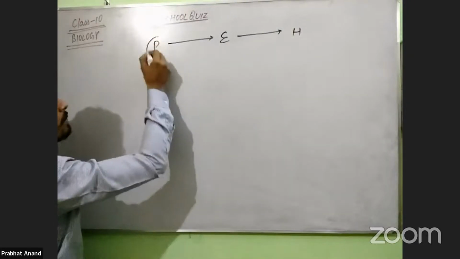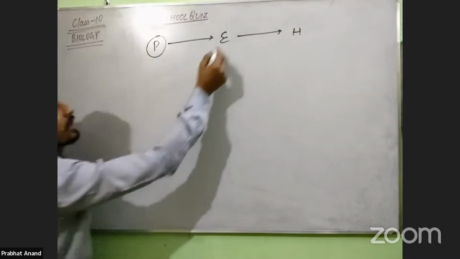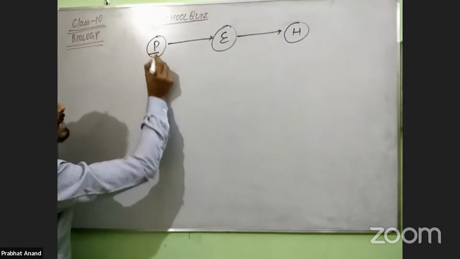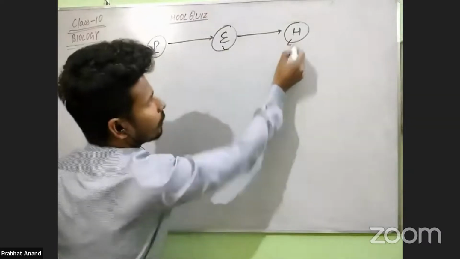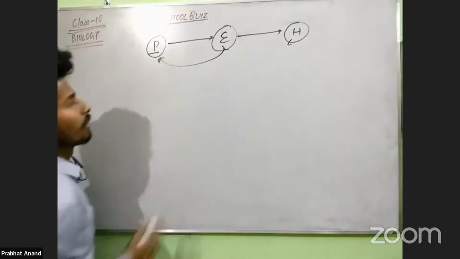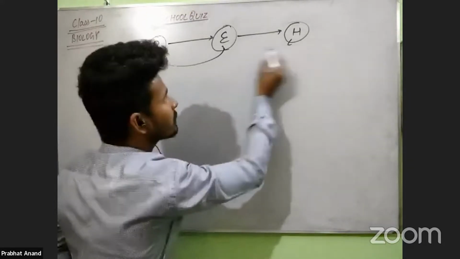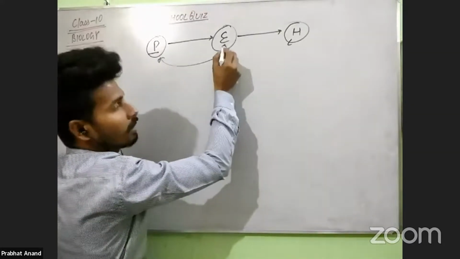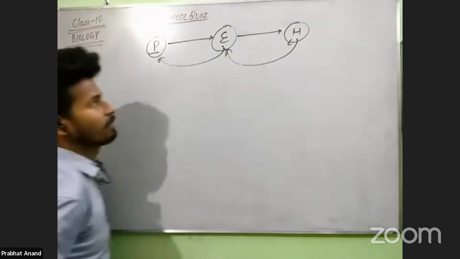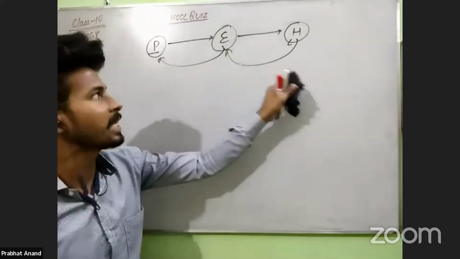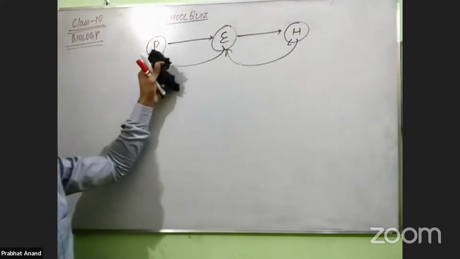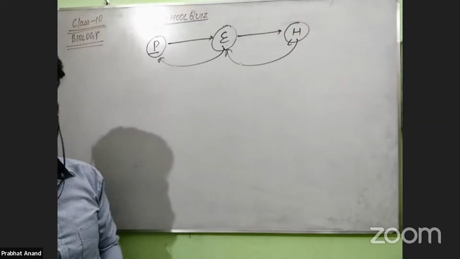Please keep in mind that all proteins are not enzymes or hormones, but all enzymes are proteins. Indirectly, we can say that enzymes and hormones are secretions of protein.